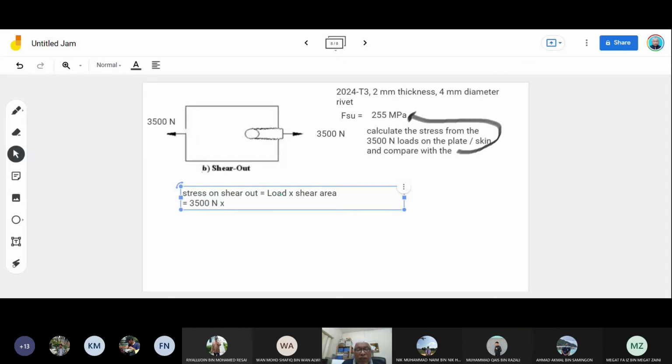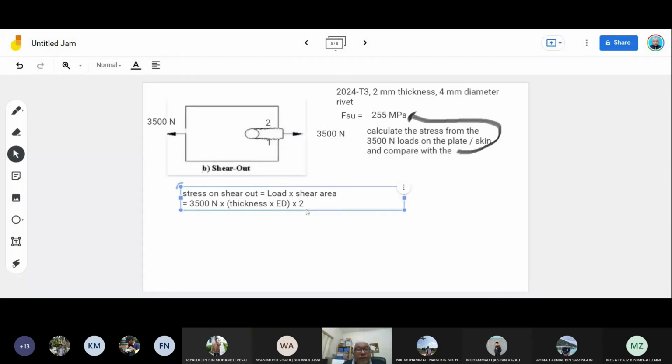Shear area will be thickness times edge distance times 2, because we consider shear out, so there is one area here to shear, and this is the second area to shear.